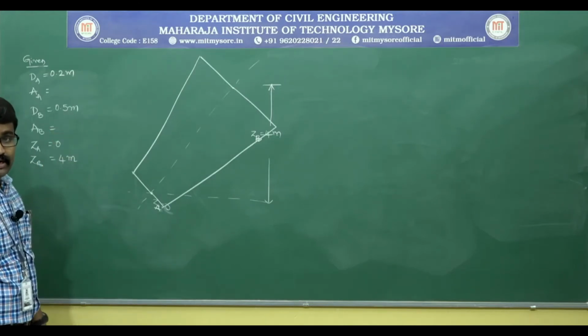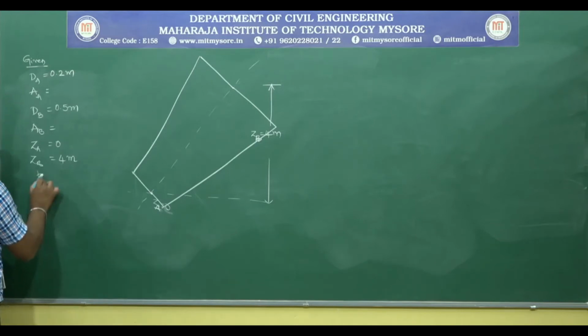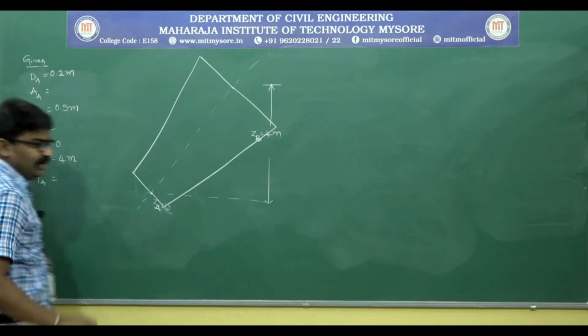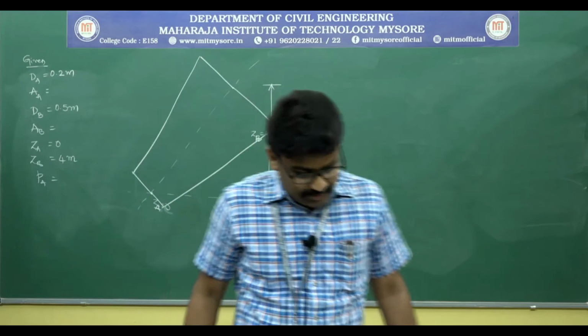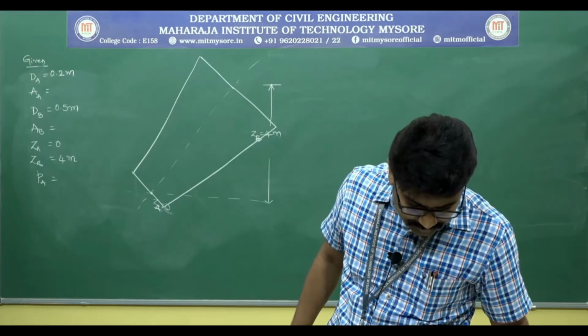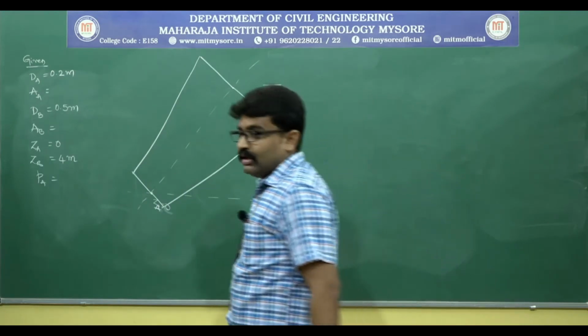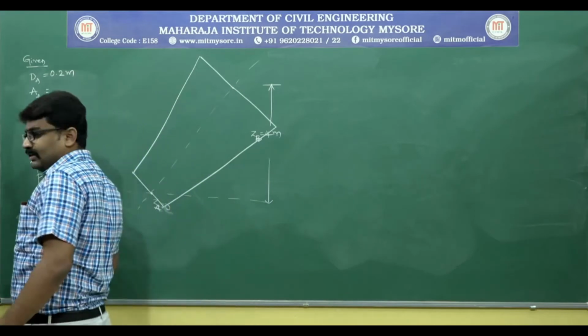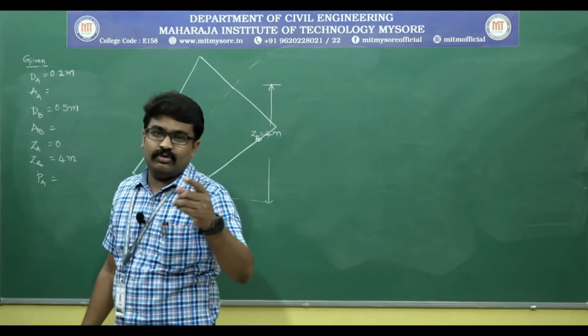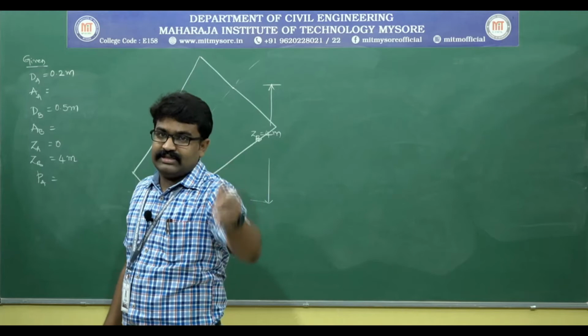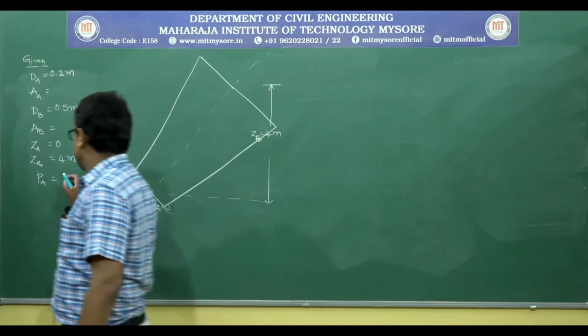He has also mentioned pressure at section A and B. What is the pressure at section A? If I am not wrong, pressure at section A is 9.81 Newton per centimeter square. While dictating the problem I had told you it is 2.81. Please change it to 9.81.